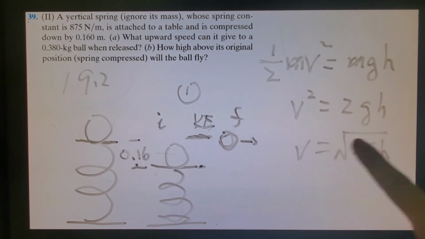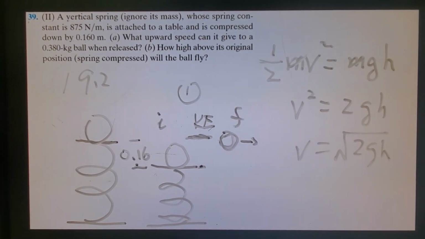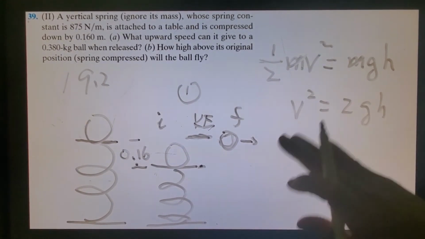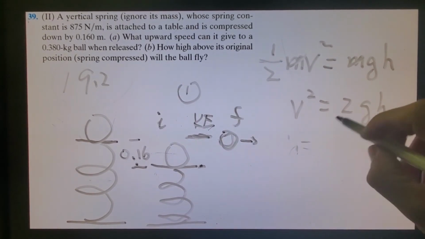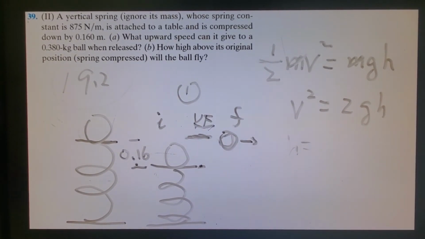Actually, we are solving for h, so h is equal to v squared divided by 2g.